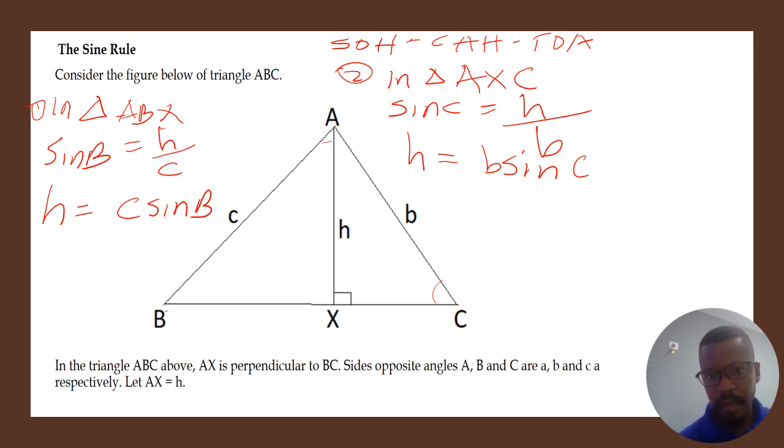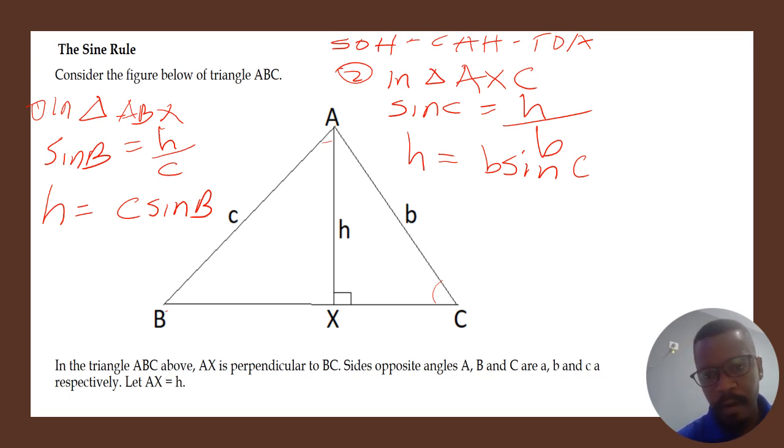So from that discussion, we have that h on this side is c sine B, and h on that side is b sine C. In this scenario, each is equal to h, so we can equate them.